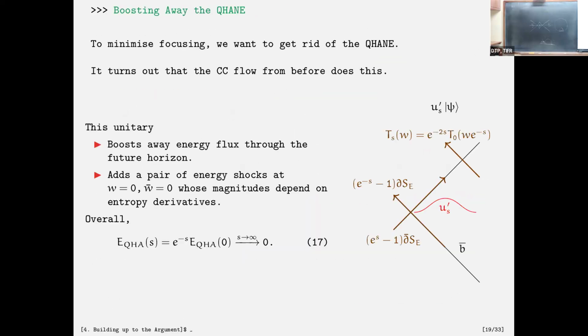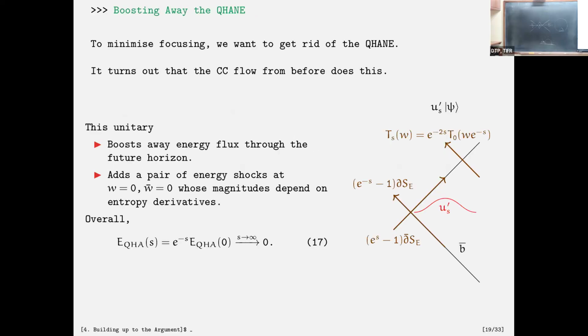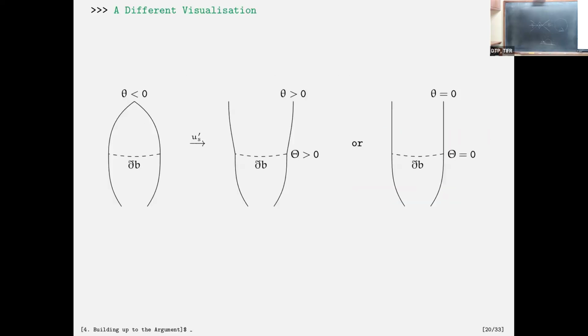Or it can continue to focus, in which case it's hitting a singularity. What is this dotted line? This is a higher dimensional picture. Like this is what happens to the dilaton.